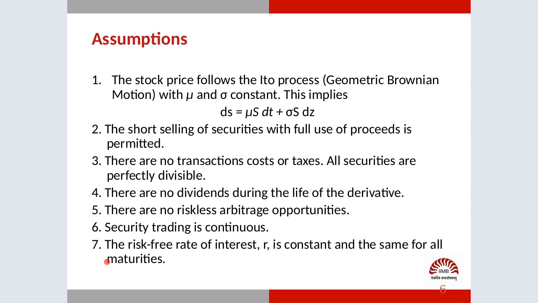I'll have to explain what dz also is, but if you do that, you'll have dS over S equal to mu dt plus sigma dz, because all I've done is divide both sides by S.